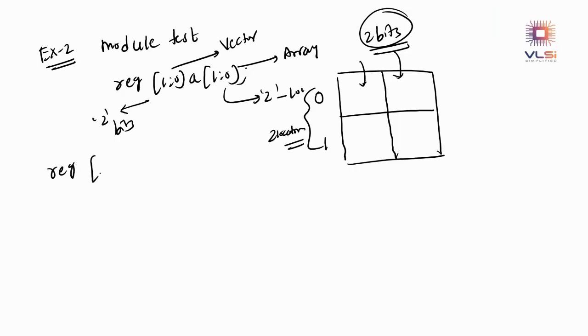Like this you can consider. Suppose, for example, reg [7:0] mem [31:0]. So how many locations do you have? 32 locations, and each of how many bits? 8 bits. So with this we can construct a memory.